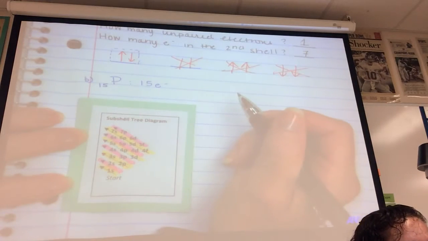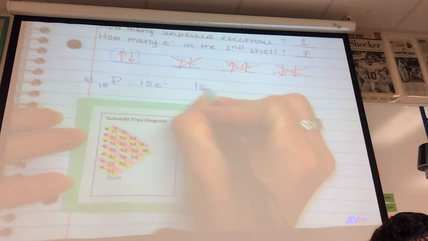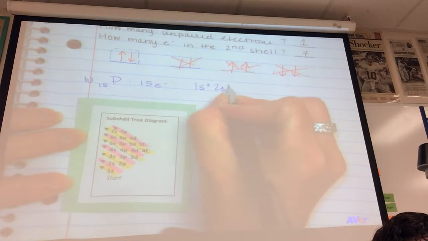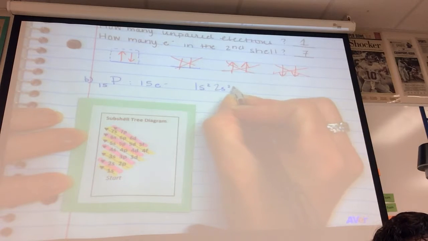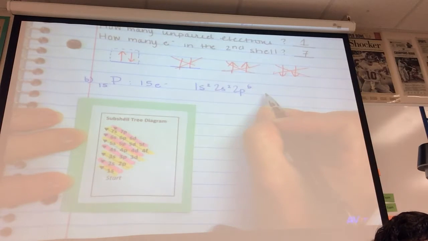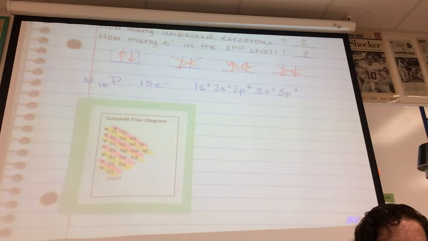Yeah. Okay. So the first one would be 1s 2. Okay. Then 2s 2, 2p 6. And we've placed 10 so far. 3s 2, 3p 3. That is correct. The superscripts have to add to the number of electrons.